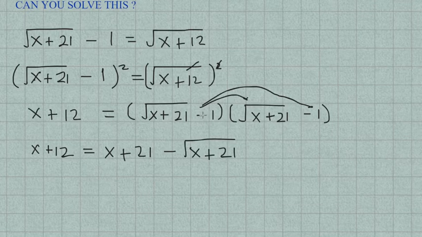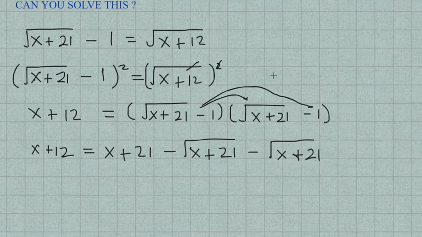And if this minus 1 is multiplied by this also, we have the same thing, minus the square root of x plus 21.